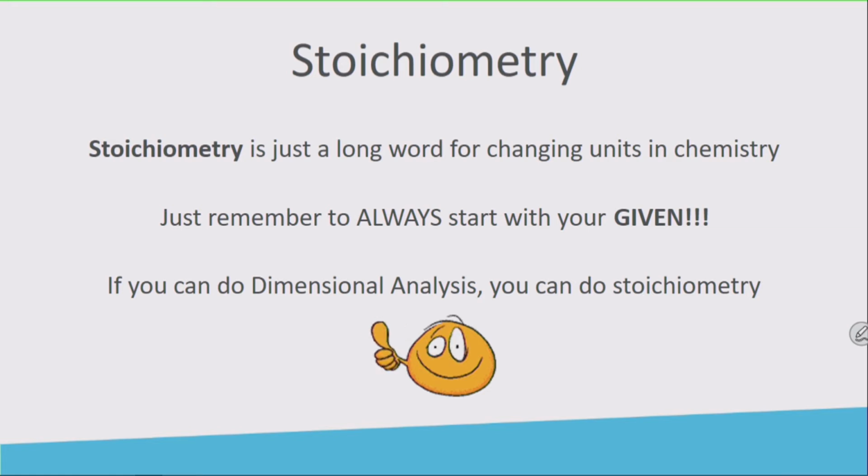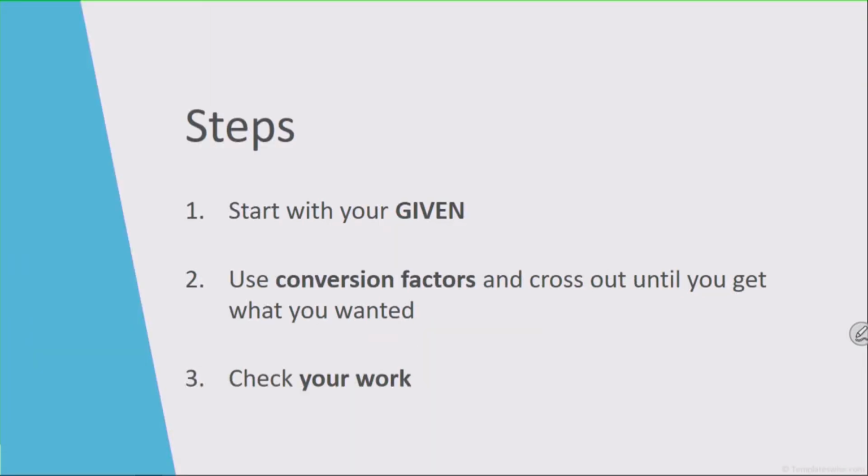You have to remember, you always start with the given and you cross units out to get to the unit that you want for your answer. So start with your given, use those conversion factors, which are equivalent factors written in a fraction form, to cross out units to get to the unit that you finally want. Then multiply across the top, divide by the bottom, and then check your work.